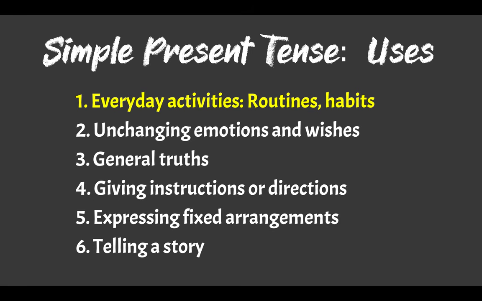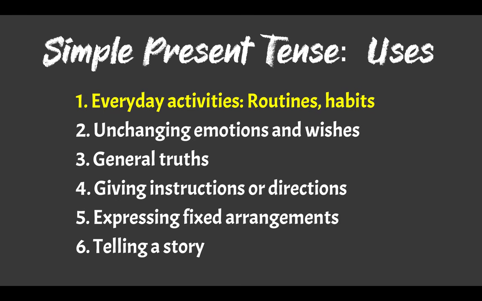Now, this is the most important part of the simple present tense explanation, and that is its uses. So the first one, and that's why it's highlighted in yellow, is the most important usage: everyday activities, routines, and habits.